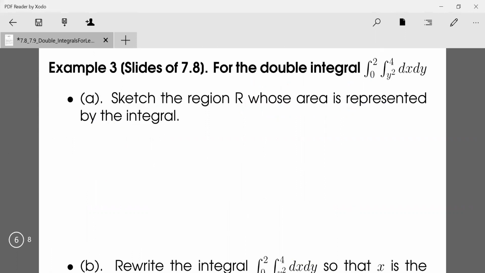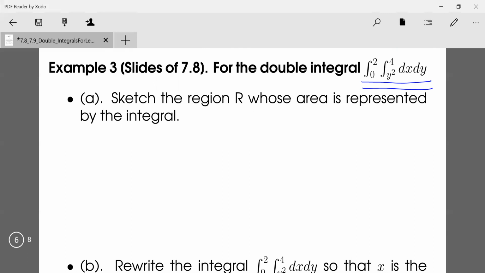Okay, so here let's look at the example, which is also from our slides. In this example, we have an iterated integral, and we need to sketch the region R on which the integral is defined.